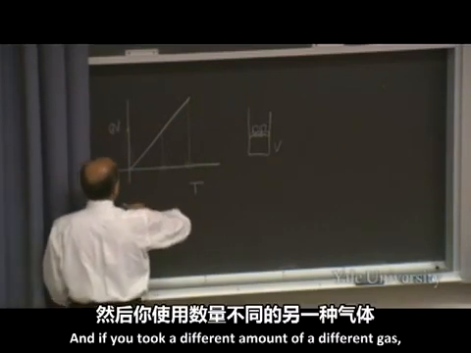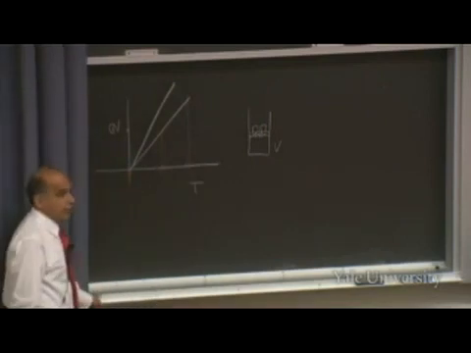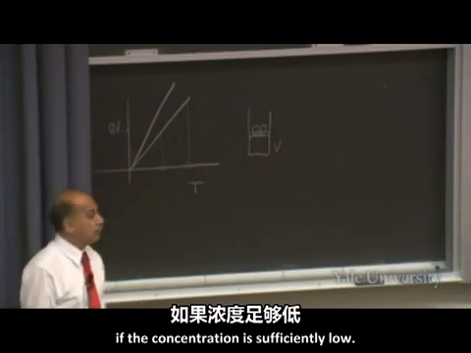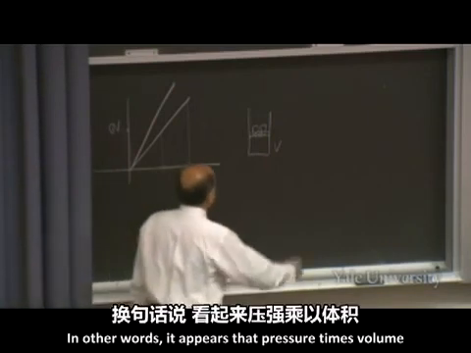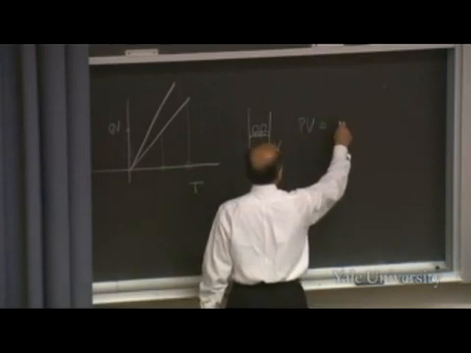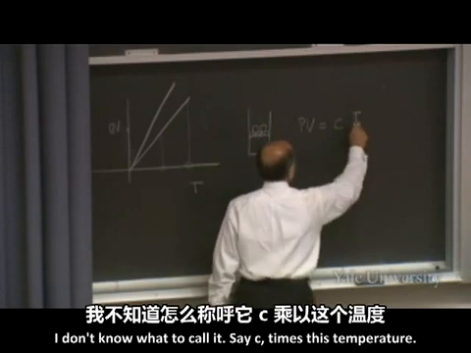And if you took a different amount of a different gas, you will get some other line. But they will always be straight lines if the concentration is sufficiently low. In other words, it appears that pressure times volume is some constant, I don't know what to call it, say C times this temperature.